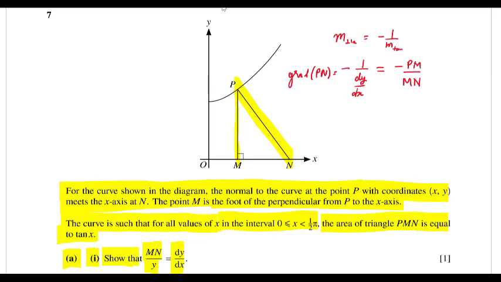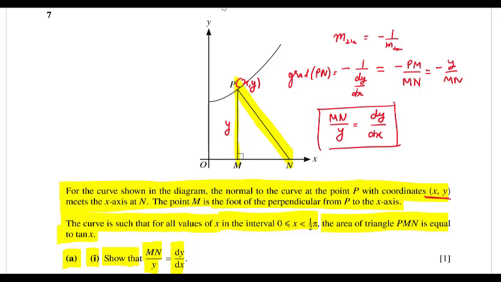And it's given that P has the coordinates x comma y. It means PM is y, so it becomes minus y over MN. And now we will cross multiply, and we will get MN over y equals dy over dx, and that carries only 1 mark, because we have just used the knowledge of the normal, the gradient of the normal, and the relation between it and the gradient of the curve.